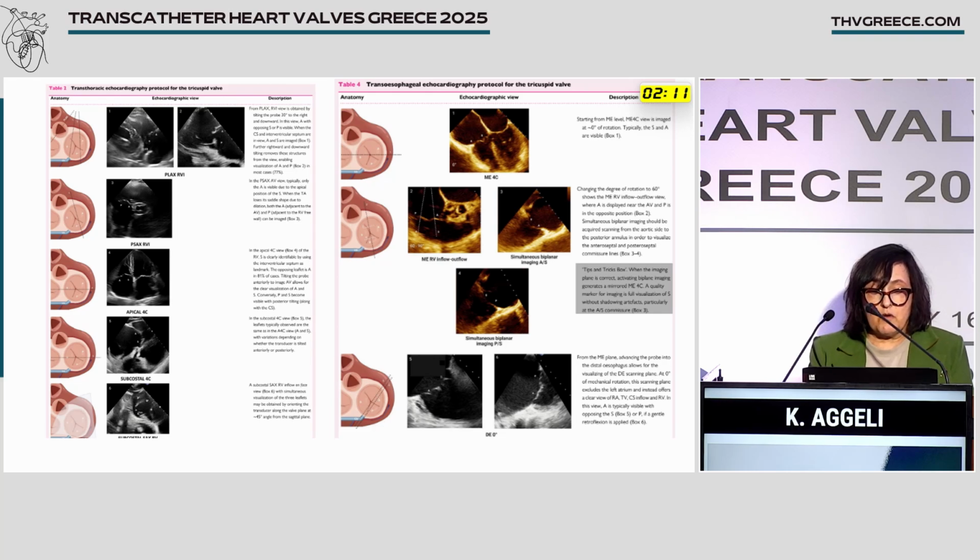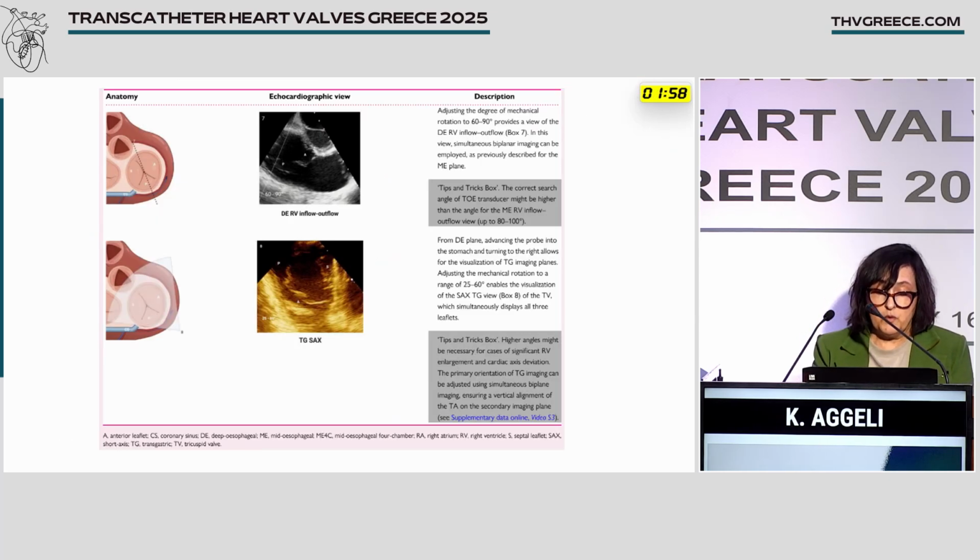Using transesophageal echocardiography, we can depict the anatomy of the tricuspid valve at the mid-esophageal, deep esophageal, and tricuspid views. The tricuspid view is a very useful view.